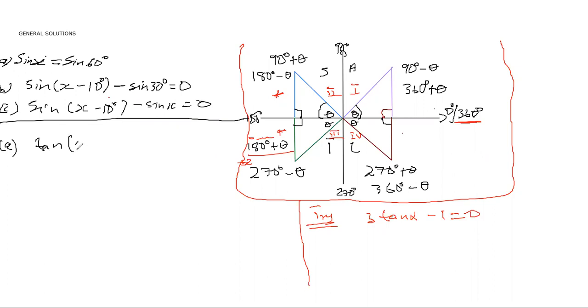So tan of theta plus 20 degrees is equal to tan of 2 theta minus 30 degrees. So we're going to take arctan on both sides, and then we realize that we have theta plus 20 degrees equal to 2 theta minus 30 degrees. Now I'm going to try and solve for theta.